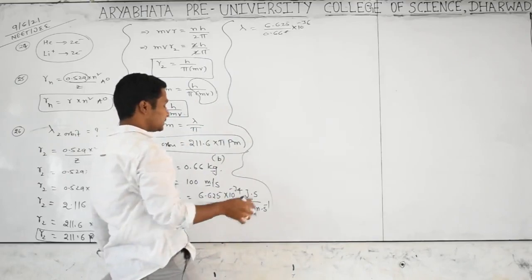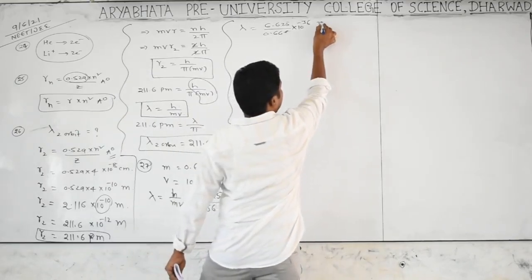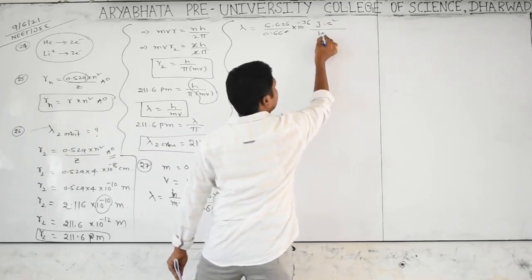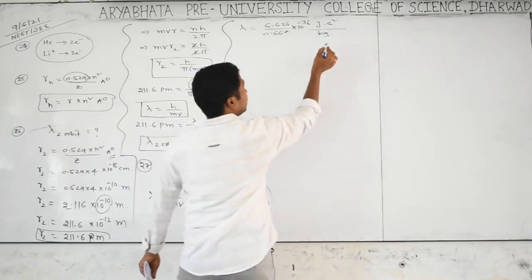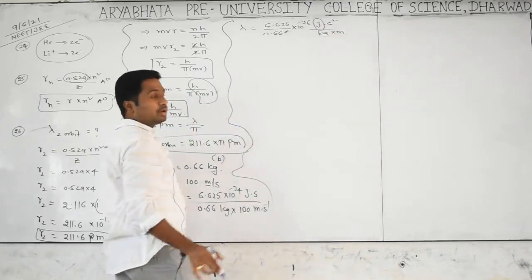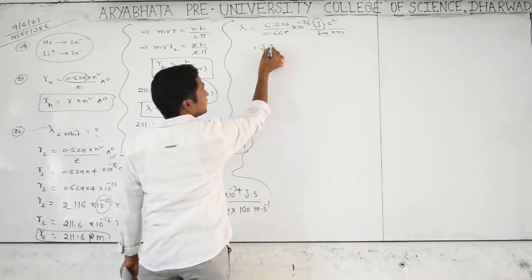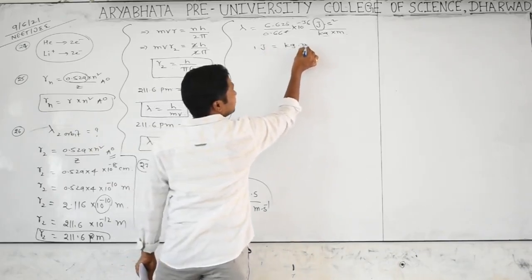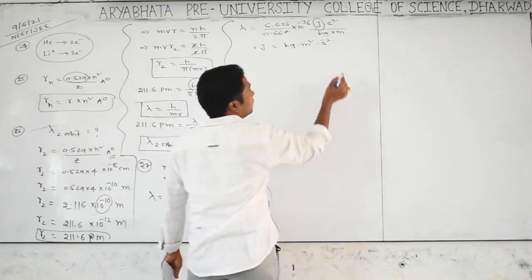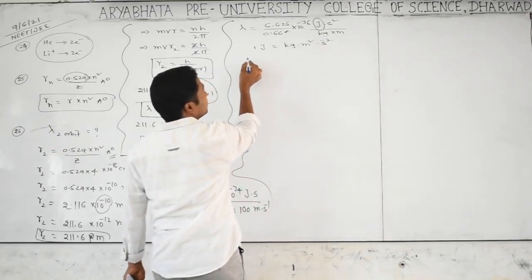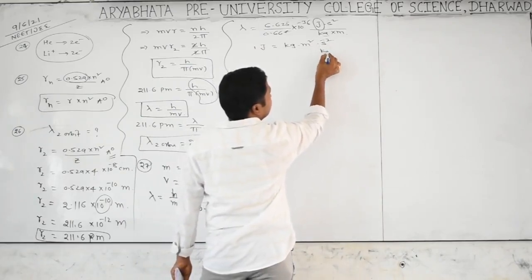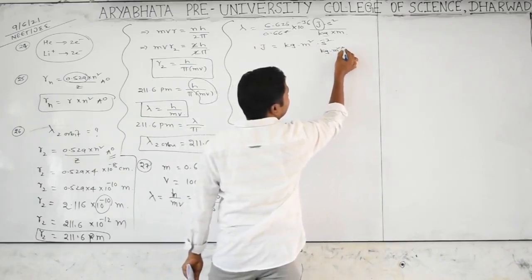Units, what is pending there? Joule second comes up, second square by kg into meters. Now you know, I think, the meaning of joule: 1 joule is equal to kg meter square second power minus 2.